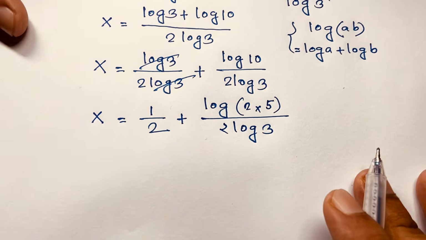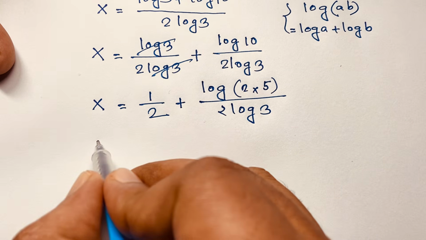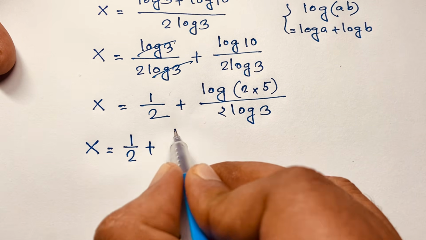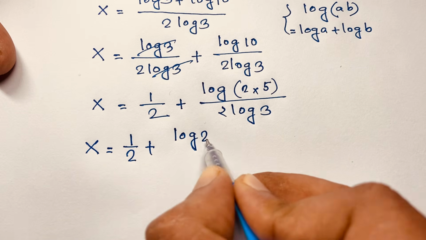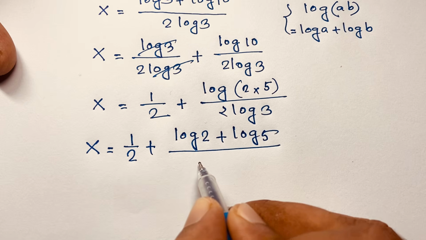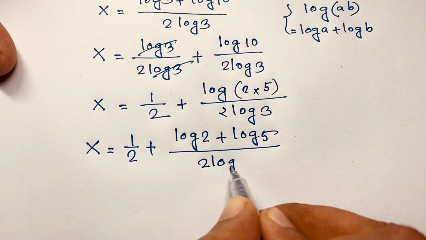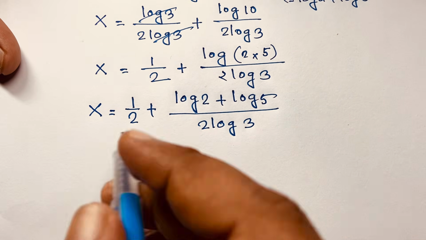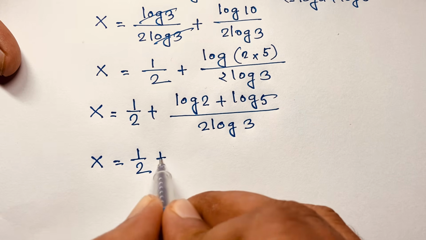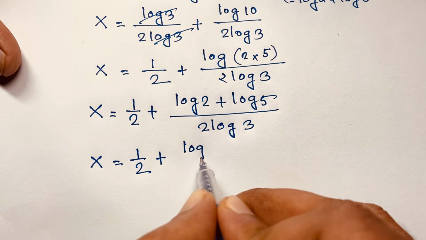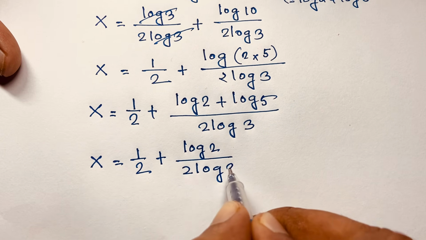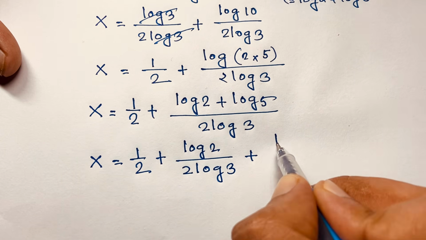So this expression will be x is equal to 1 over 2 plus (log 2 plus log 5) over 2 log 3. Now this is x is equal to 1 over 2 plus log 2 over 2 log 3 plus log 5 over 2 log 3.